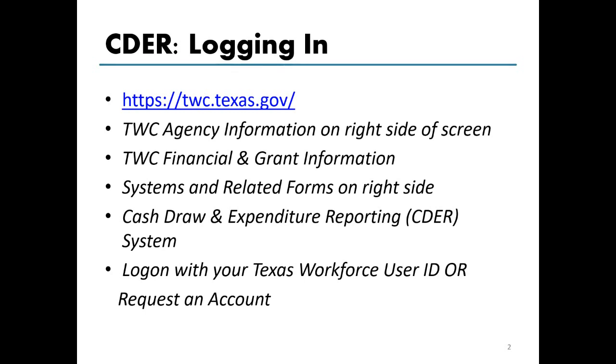Once you click that link, there'll be two links on the next page. One will be used if you are an existing user with a CEDAR system user ID and password, and the other will be a link if you're wanting to request an account for the system if you're a new user.